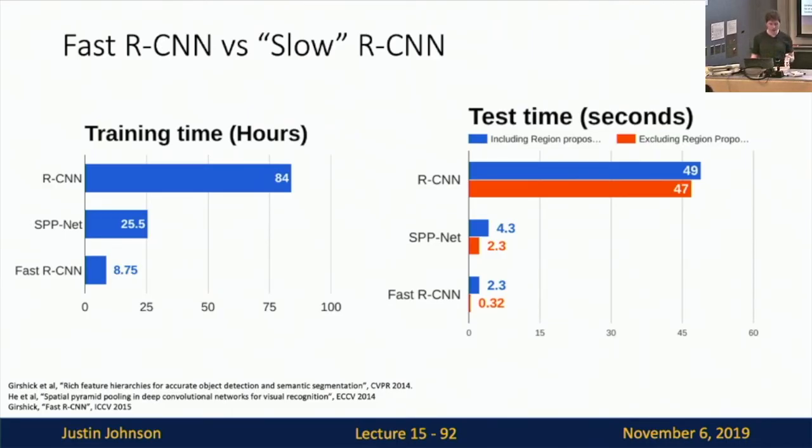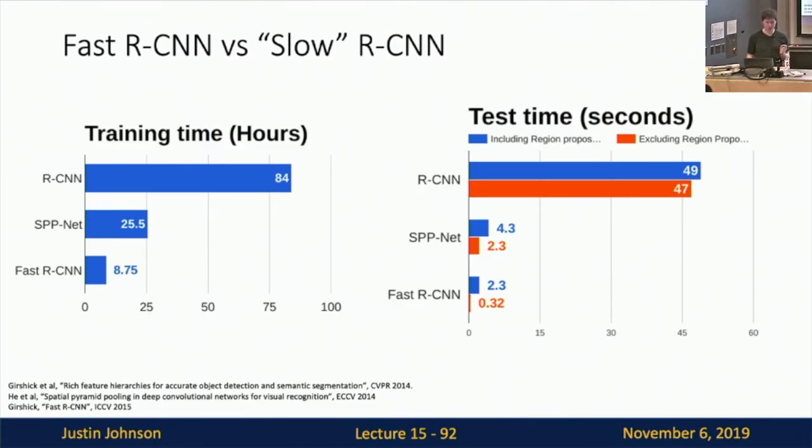For training, RCNN took something like 84 hours on, whatever, this was a couple years ago, so really old GPUs. If we train fast RCNN on the same GPU setup, it's something like 10 times faster to train overall. And at inference time, fast RCNN is a lot faster than RCNN because we're sharing a lot of computation across these different image regions.